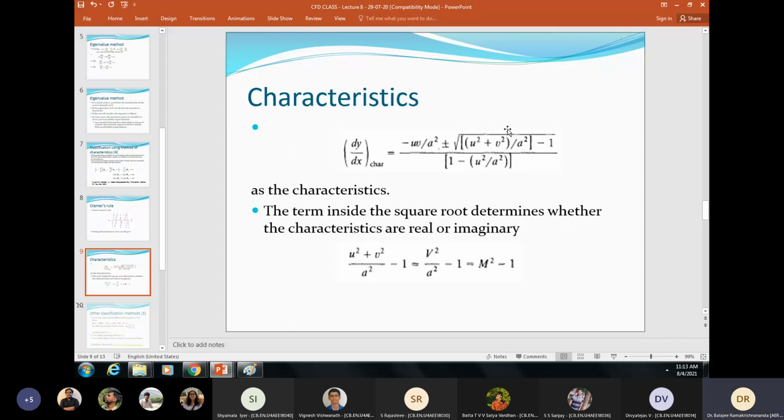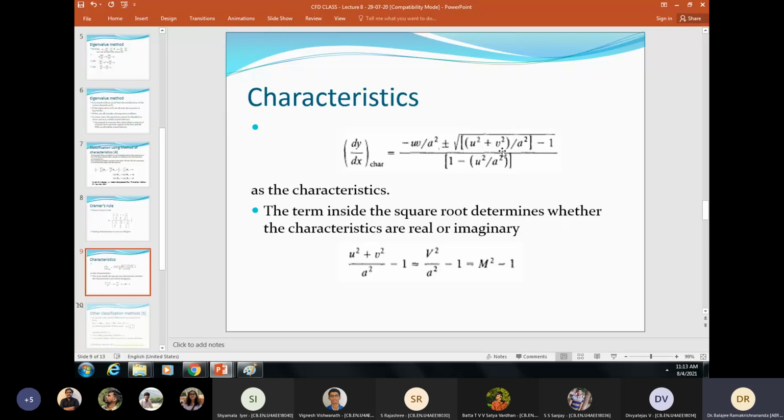So look at the value of M. M squared minus 1 is what is inside the root. If M is less than 1, what happens? M squared is less than 1, M squared minus 1 is negative. Square root of a negative number is not real, right?